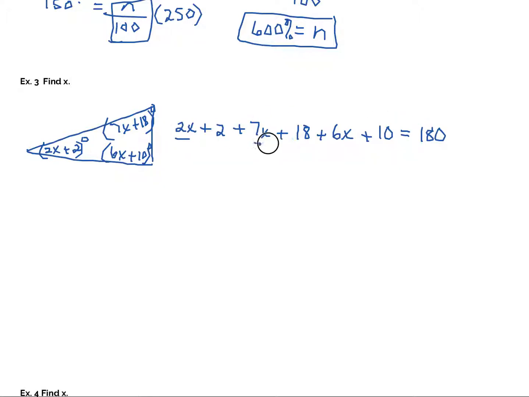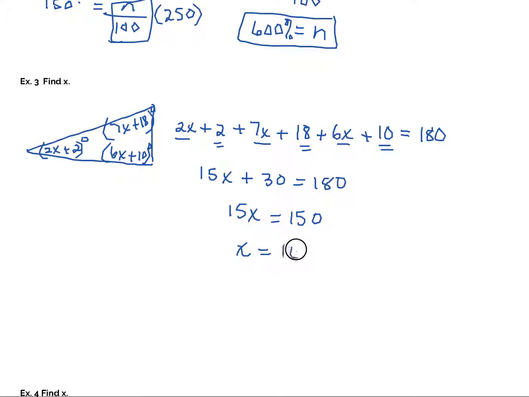We have 2x, 7x, and 6x. That adds up to 15x. And we add up all the numbers, 2, 18, and 10. And that adds up to 30 equals 180. We subtract 30 from both sides, so we get 15x equals 150. And we get x equals 10. And it's easy as that.